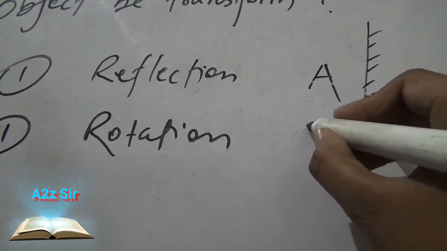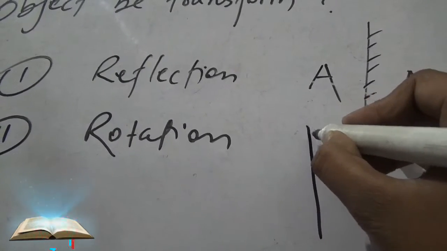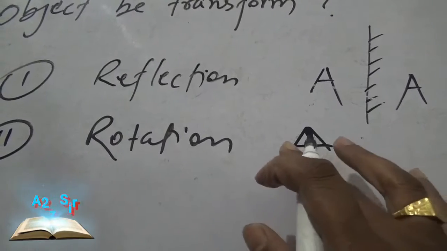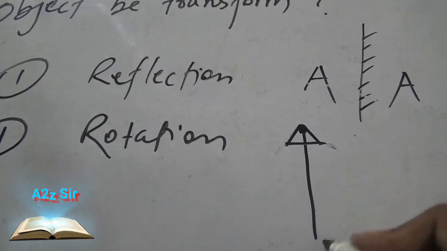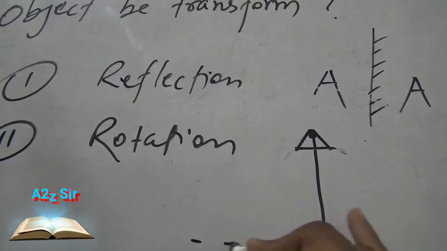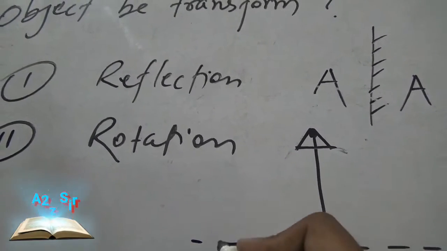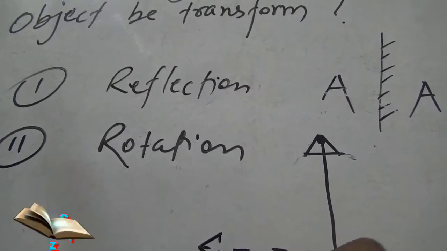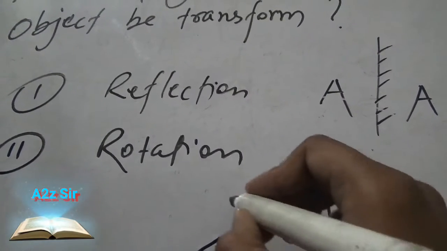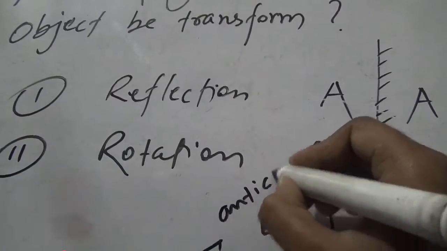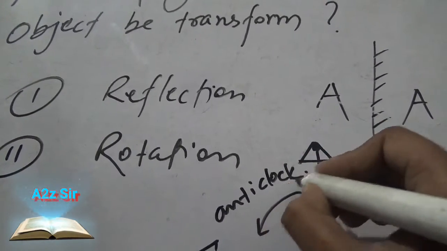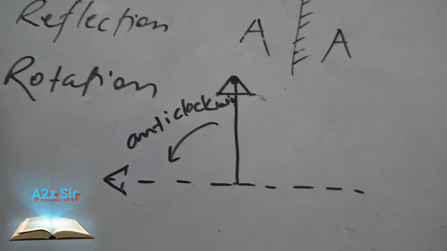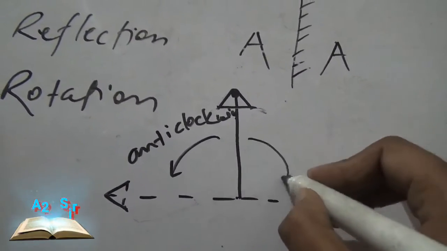So if the object is here, and this object is rotated anti-clockwise, we have to go for a 90 degree rotation. It becomes here, and this one is anti-clockwise, which always takes a positive sign, and clockwise always takes a negative sign.